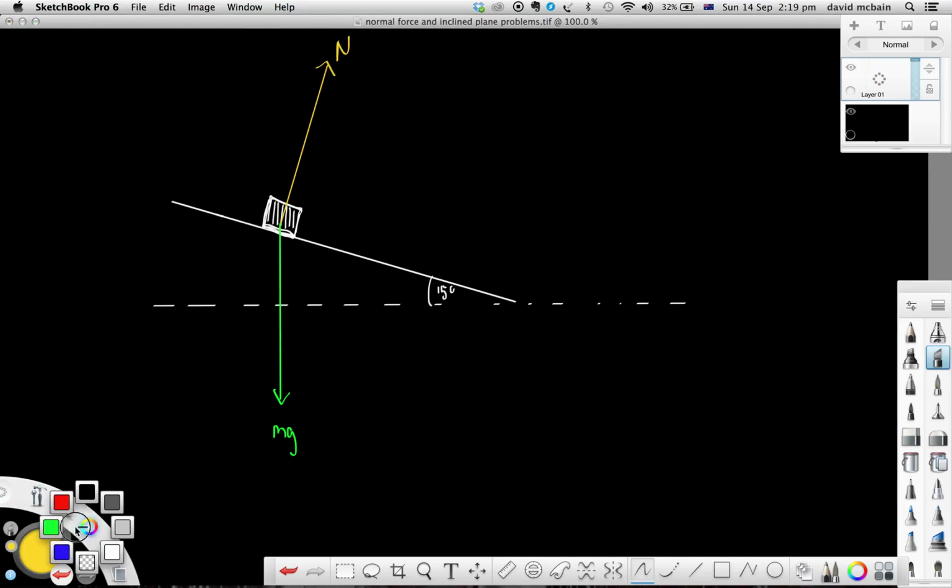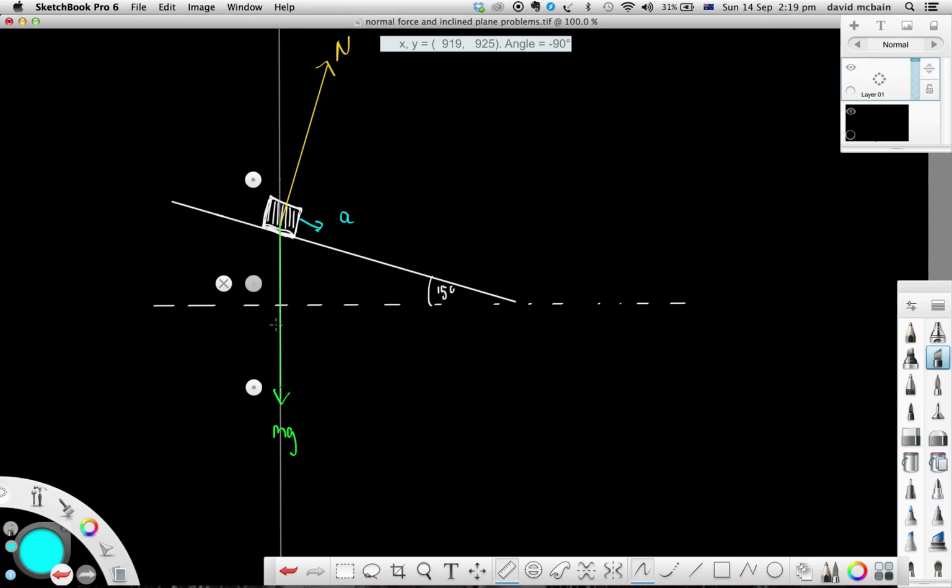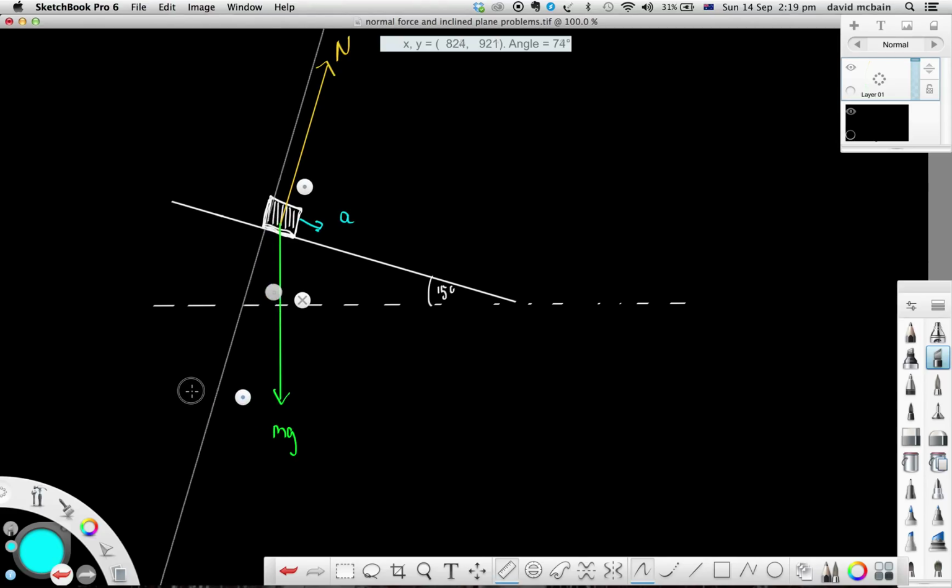The acceleration is in that direction, down the ramp, which means the net force must also be down the ramp, which means the only forces that are contributing to the acceleration down the ramp are in this direction. Any forces at right angles to the ramp must cancel out. So what we now need to do then, as the problem asks, we want to work out the components of our weight force.